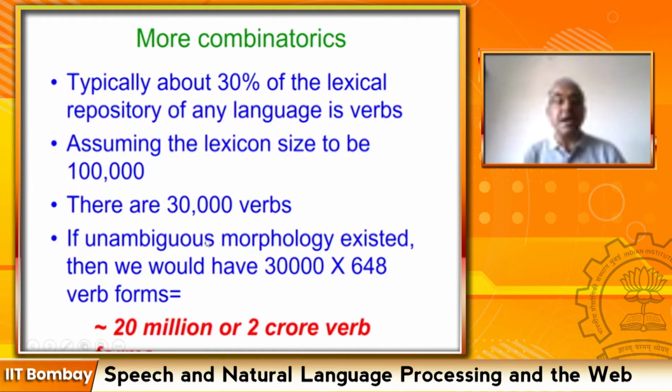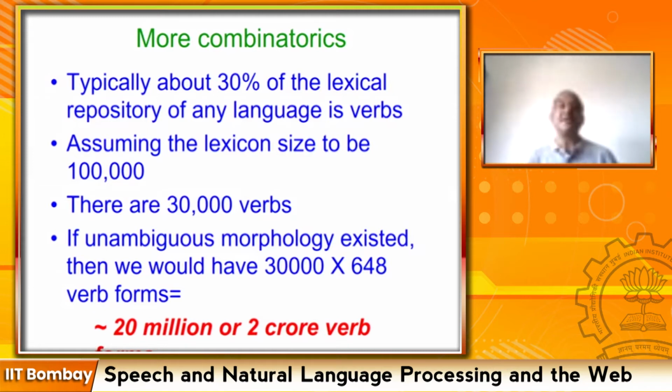And if unambiguous morphology existed, that means for GNP TAM value, you have unique leaves, then we could have had 30,000 verbs into 648 forms. So that's about 20 million forms or 2 crore verb forms. Okay, can you see that? So 30,000 verbs giving rise to 2 crore verb forms.